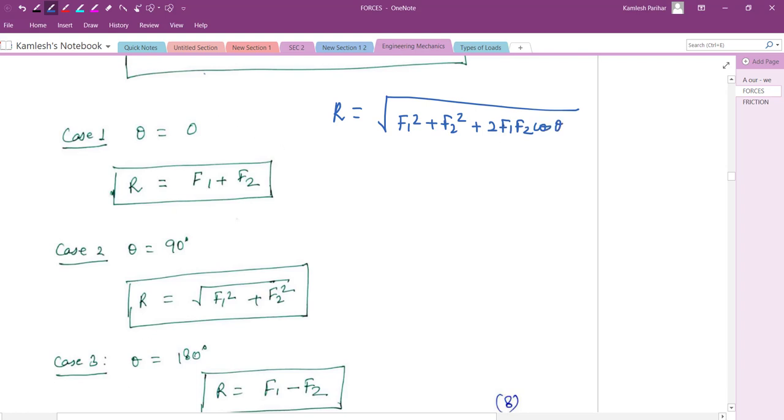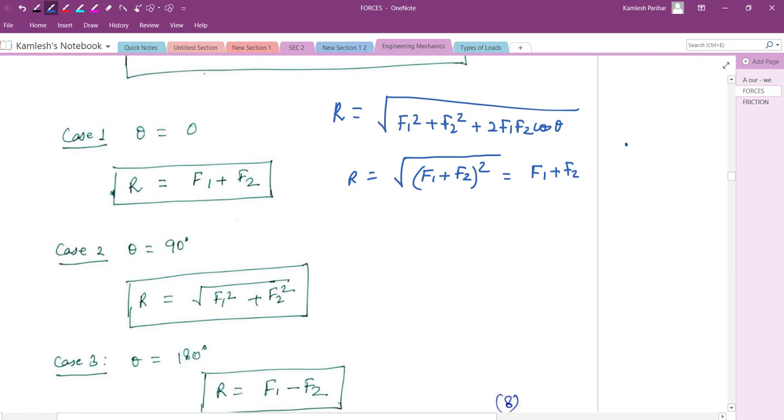Now theta is 0, so cos theta means cos 0, which is 1. So it will become F1 plus F2 whole square, and R will be equal to under root of F1 plus F2 whole square. So the under root will cancel the square and it will become equal to F1 plus F2.